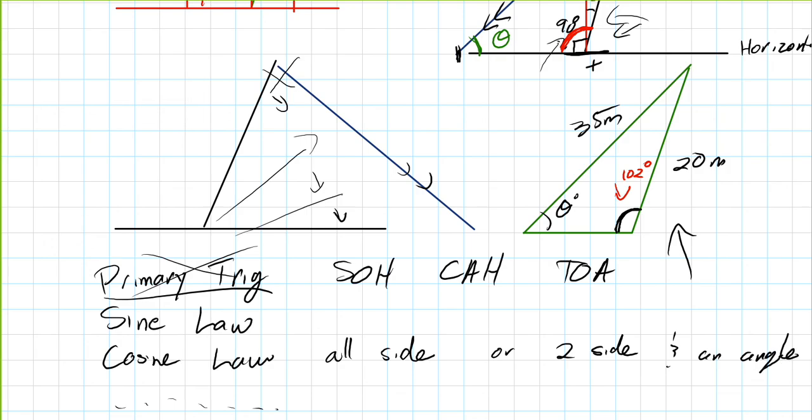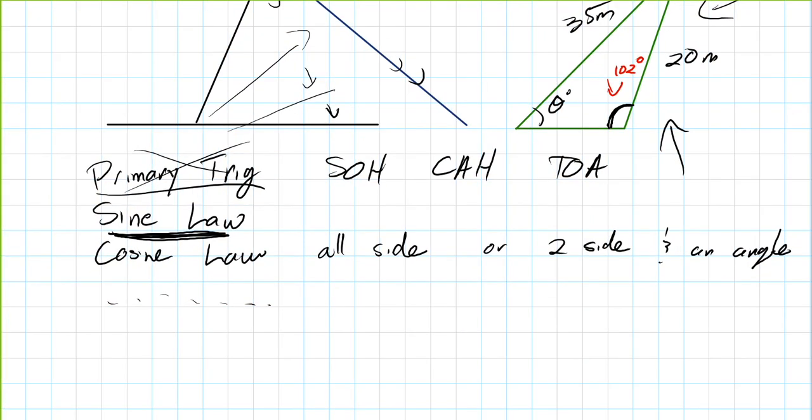So I can technically use cosine law for this one, but what will end up happening is we'll end up finding one of these opposite angles here, so it's not going to work out very well. But sine law is going to help us in this one because we can set it up, and sometimes the best way to figure out which of the tools to use is by actually setting up the law.